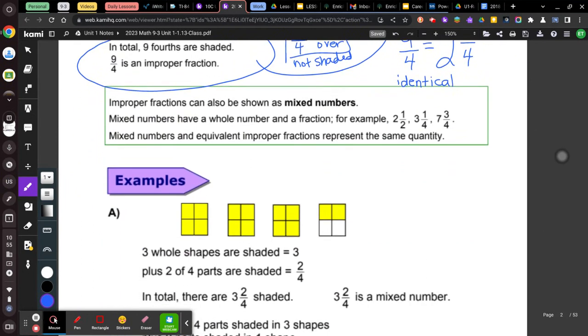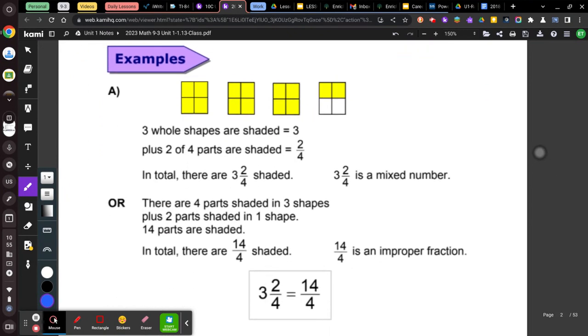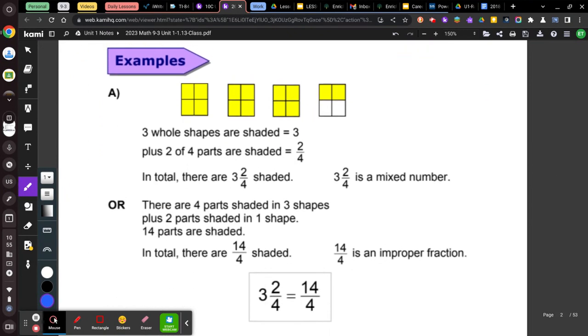All right, so it says impropers can be shown as mixed numbers. That's what I showed you there. So we can represent them as a mixed number with our wholes and our part, or we could say how many pieces total. So for example, I've got this one right here. Again, I've divided my objects into 4. So I've got 1 whole, 1 whole, 1 whole.